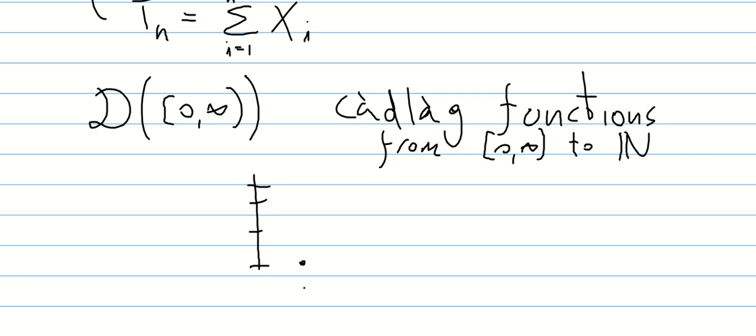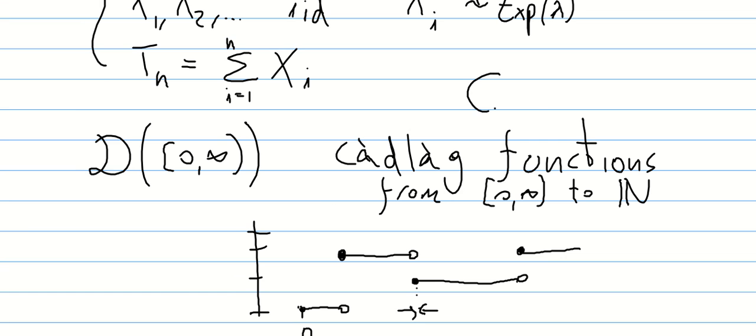This function starts at 0, at time 0, and it can jump, because it doesn't need to be continuous. If it's continuous, it's fine, because it has a limit to the left and is continuous to the right. But at points where it may be discontinuous, it has to be continuous to the right, like in this picture, and it needs a limit to the left. So that's the space of càdlàg functions, and it's a very nice space. It's a great replacement for the space of continuous functions when we want to allow for jumps. This is the right way to do it.